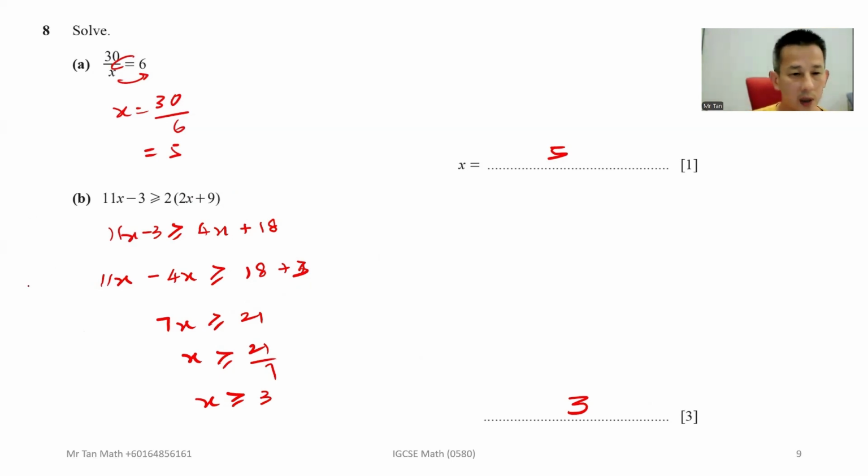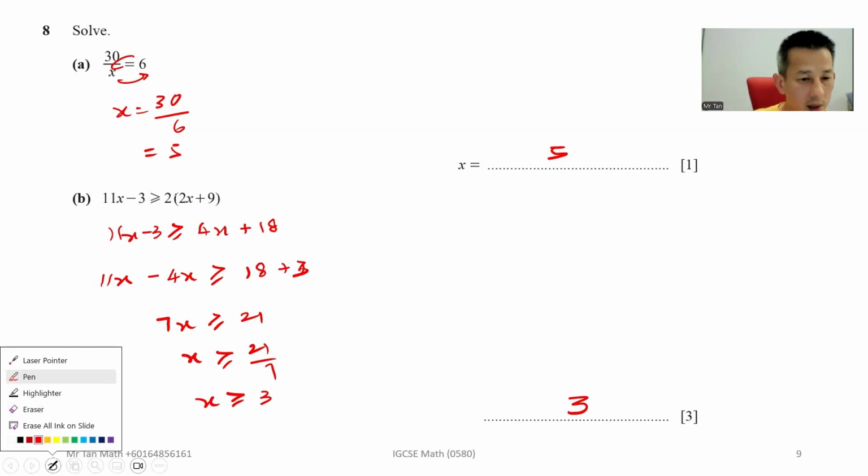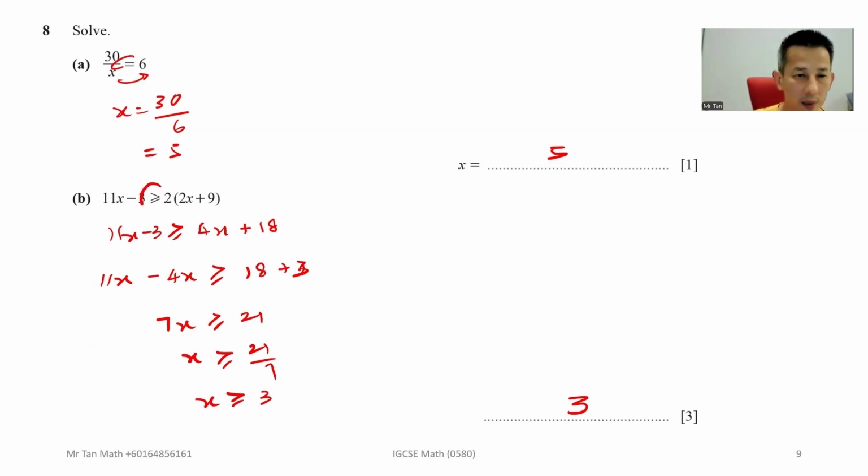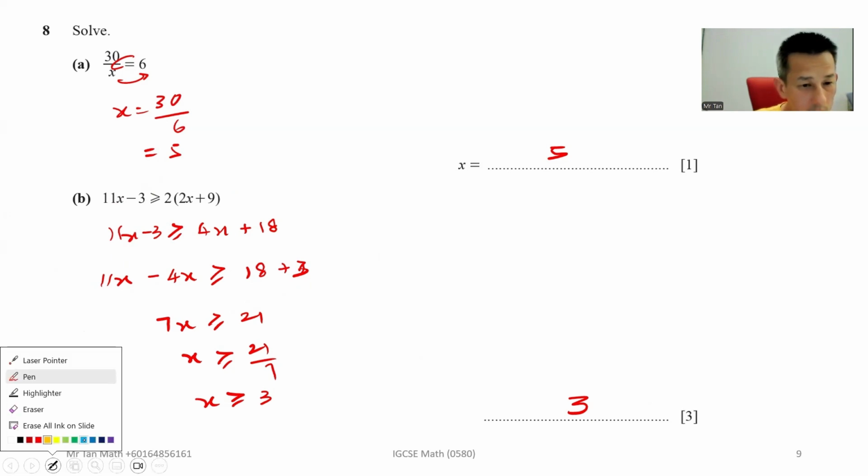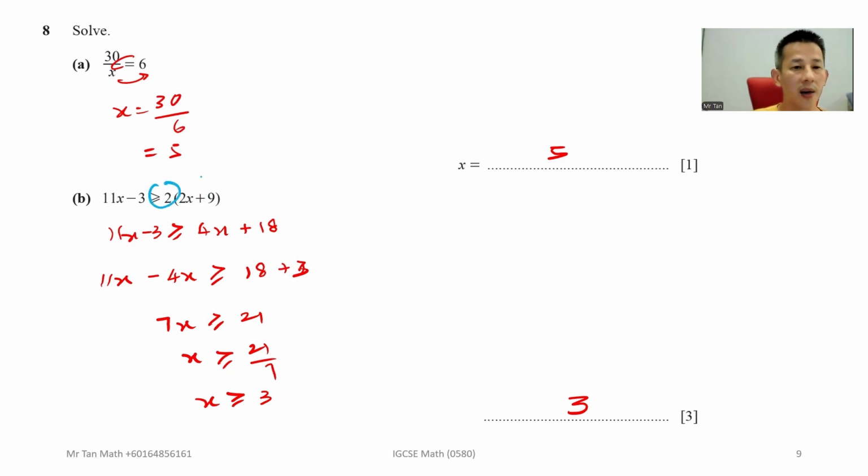When you want to solve inequalities, just need to take note. When you times or divide by a negative number, then the sign will flip.